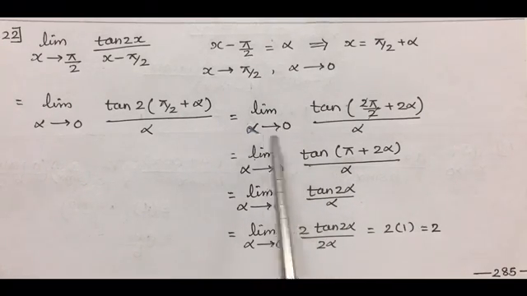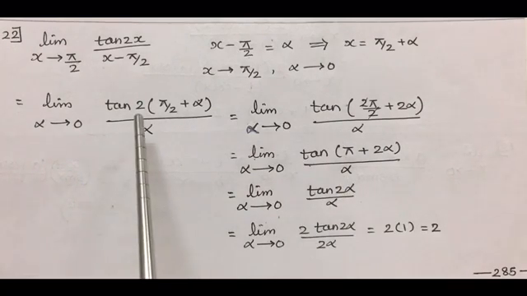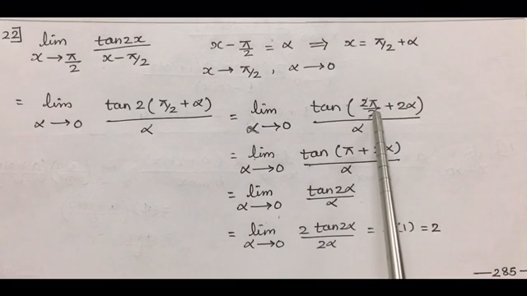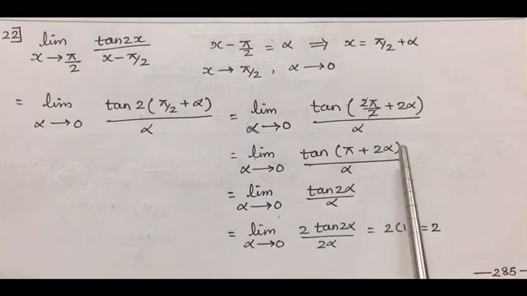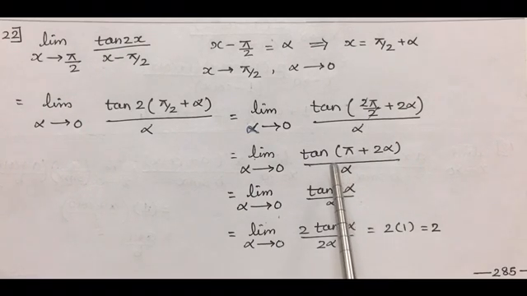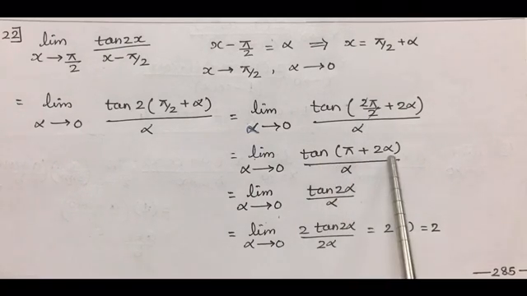So we get limit alpha tends to 0, tan, multiplying 2 inside with both this, we'll get it as 2 pi by 2 plus 2 alpha. 2 and 2 gets cancelled. So it becomes tan pi plus 2 alpha.